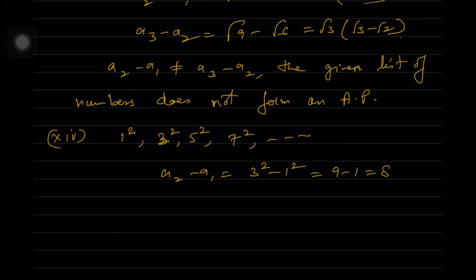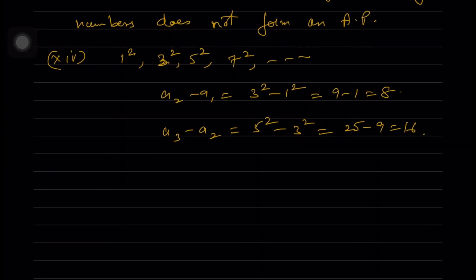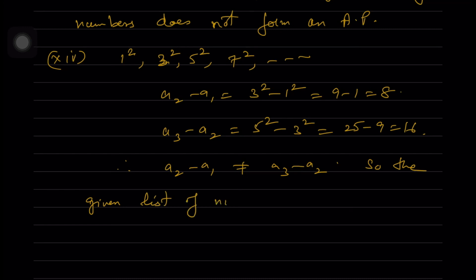Then going into the next one: 1 square, 3 square, 5 square, 7 square, and so on. Here a2 minus a1 is equal to 3 square minus 1 square, which is 9 minus 1, which is equal to 8. Then a3 minus a2 is equal to 5 square minus 3 square, which is equal to 25 minus 9, which is 16.